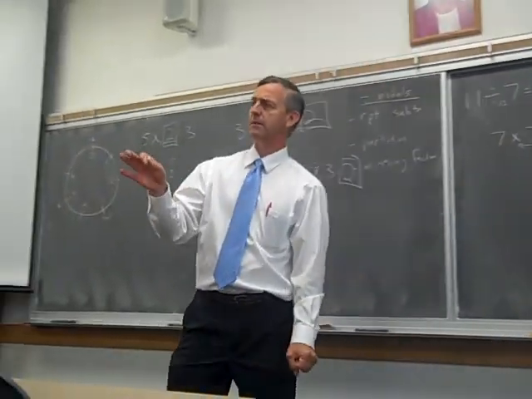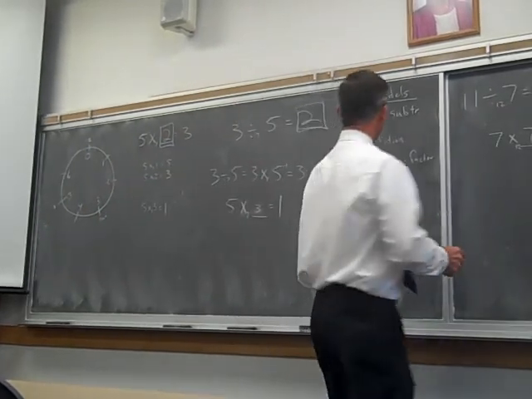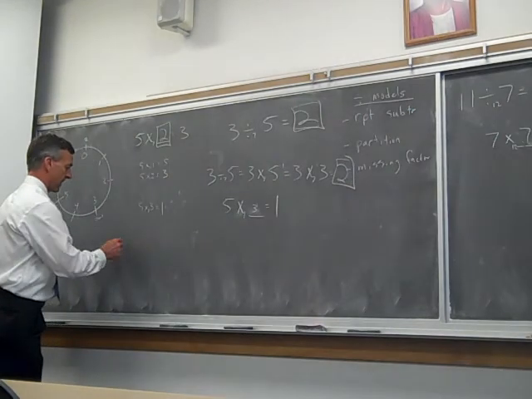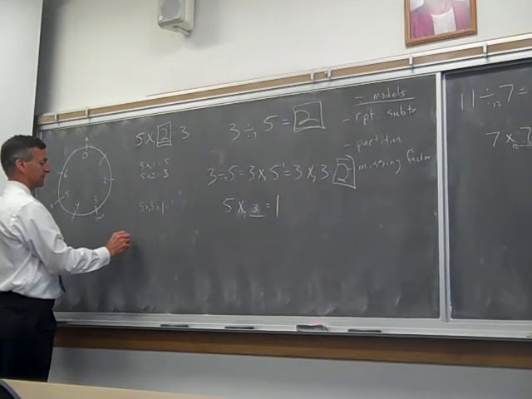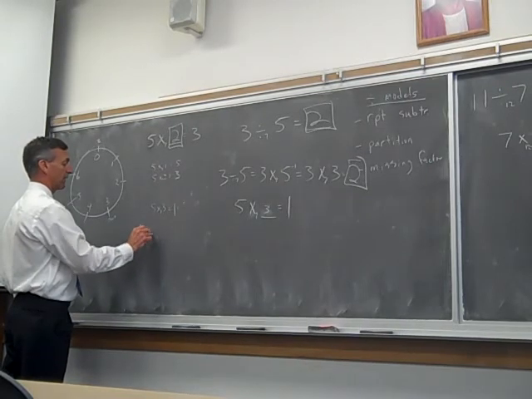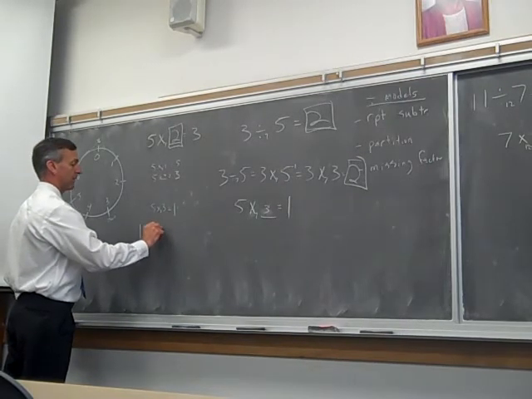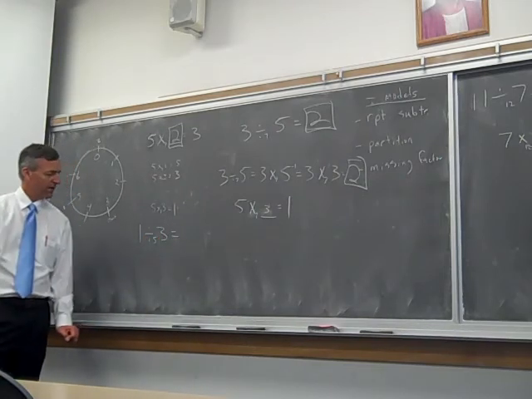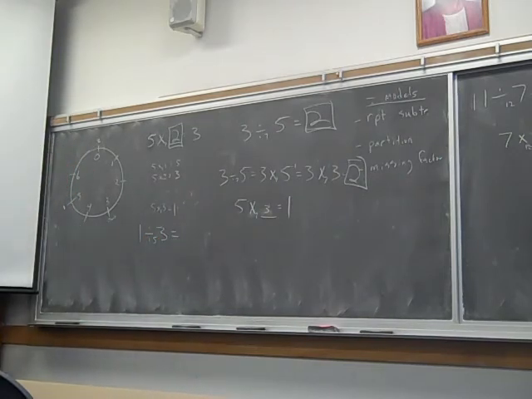On multiplication, you start at 0 and you jump forward. Okay? What else? Let me give you one more here. Let's do 1 divided by 3 and clock 5.